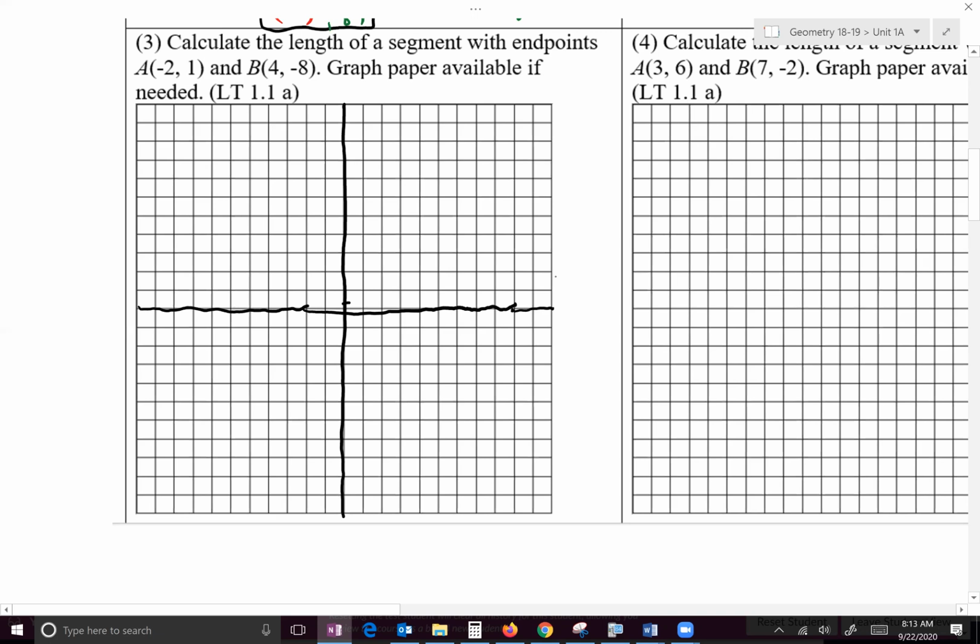A little better. Okay. Yeah, 2 points. -2, +1. That's A. B is at 4, -8.